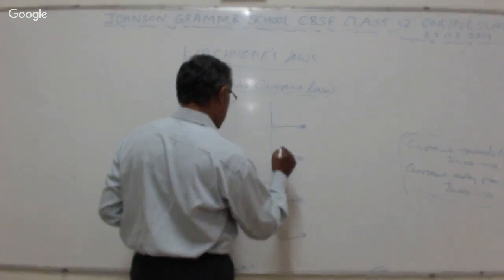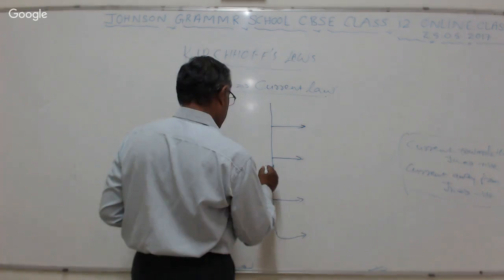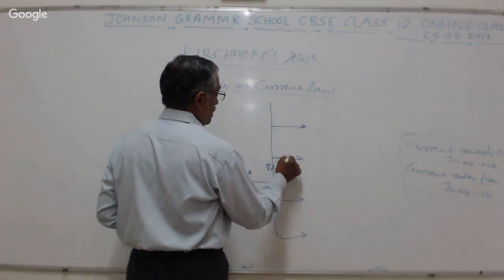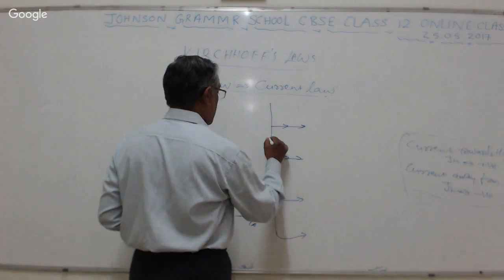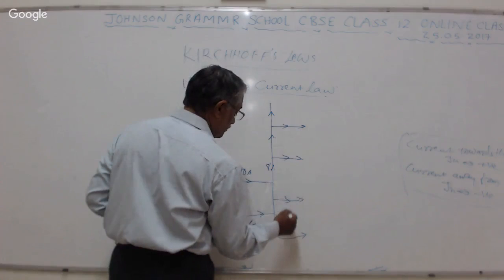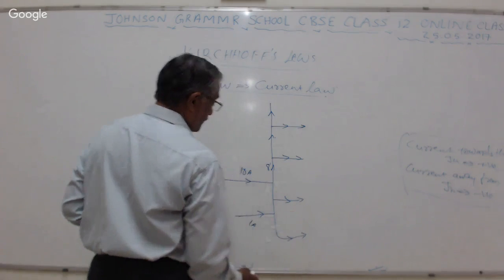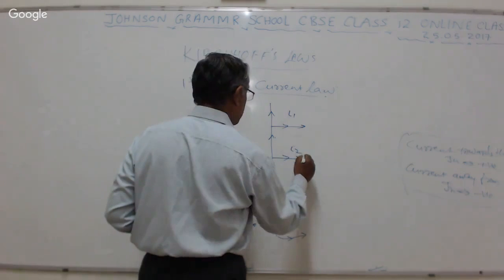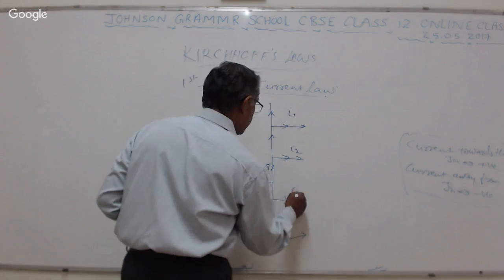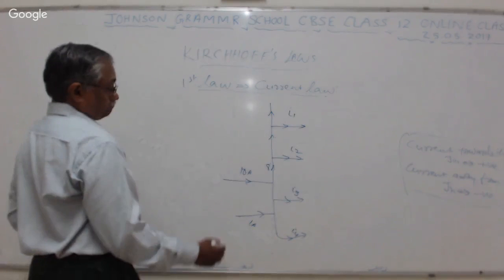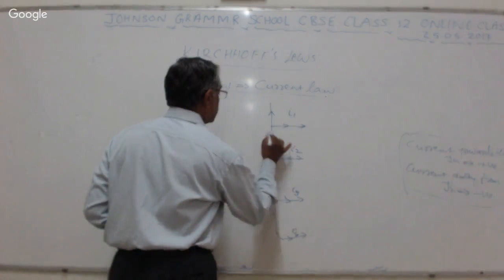From this, 8 ampere is going out there. So this is I1, this is I2, this is I3, this is I4, and a 6.